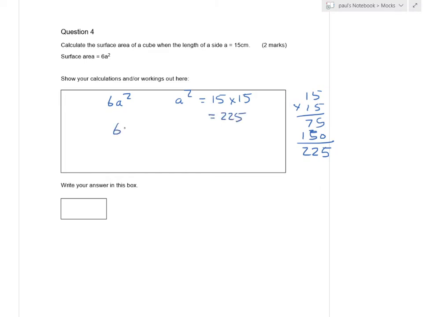So now we've got 6 times 225. 6 5s are 30, 2 6s are 12 and 3 is 15, and 2 6s are 12, that's 13. So I get 1350 centimeters squared.